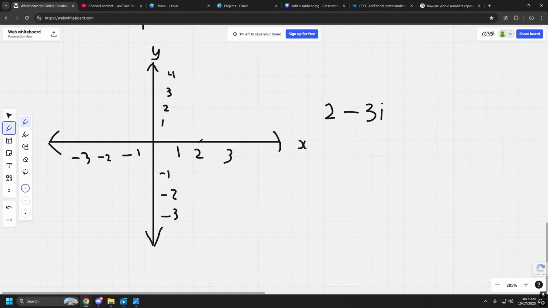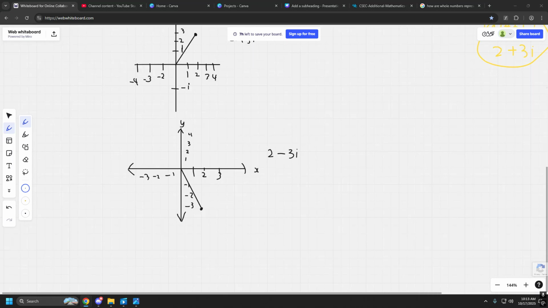So we just go to 2 on the x-axis, which is right here, and then we would go to minus 3 on the y-axis. Then all you would do now is just draw a line from the origin and bring it right here. That's all you would need to do to plot this complex number.